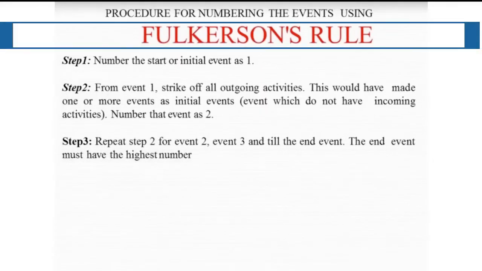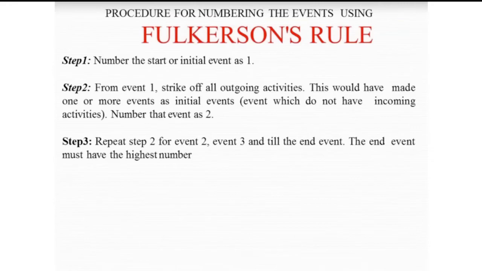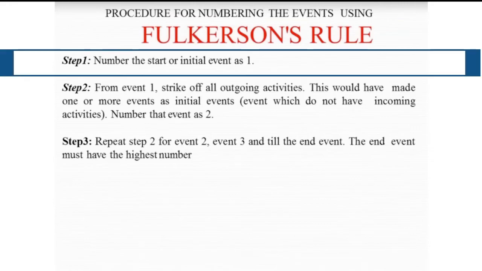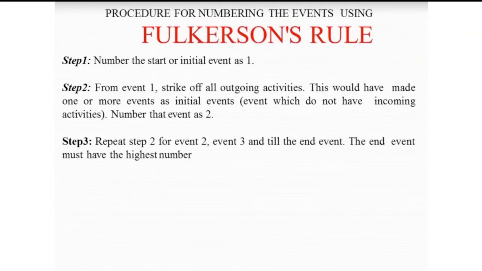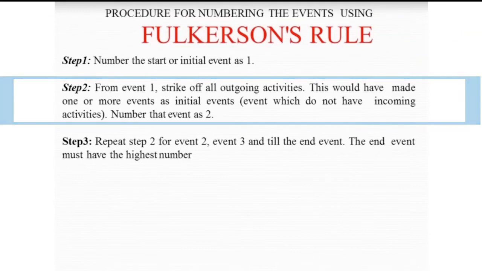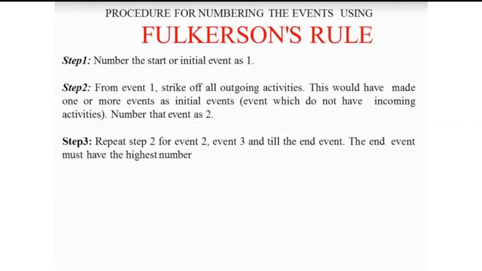In the Fulkerson's rule, these are the procedures for numbering the events. For step 1, you always start with number 1. So that will be the initial event. Step 2, from event 1, strike off all outgoing activities.